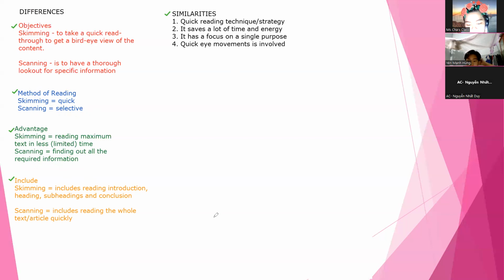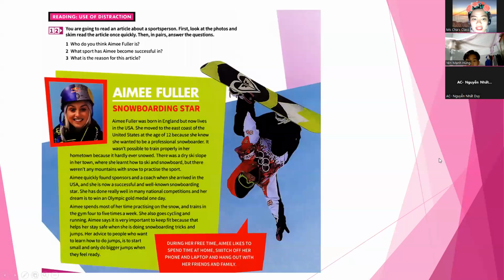Okay? So now, what we're going to do is this homework that you got last time. Let's do this one. Who do you think Amy Fuller is? Based on this one, you can do skimming or you can do scanning. Who do you think Amy Fuller is?